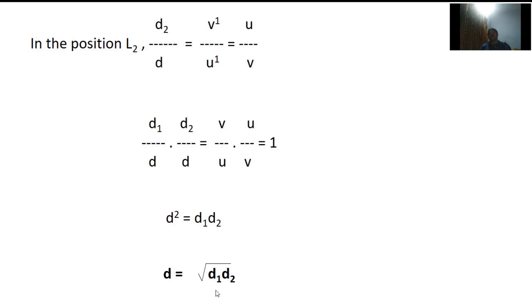By knowing the values of d1 and d2, the distance between the two virtual sources can be determined. By substituting the values of beta, D and small d, we can determine the wavelength of light.